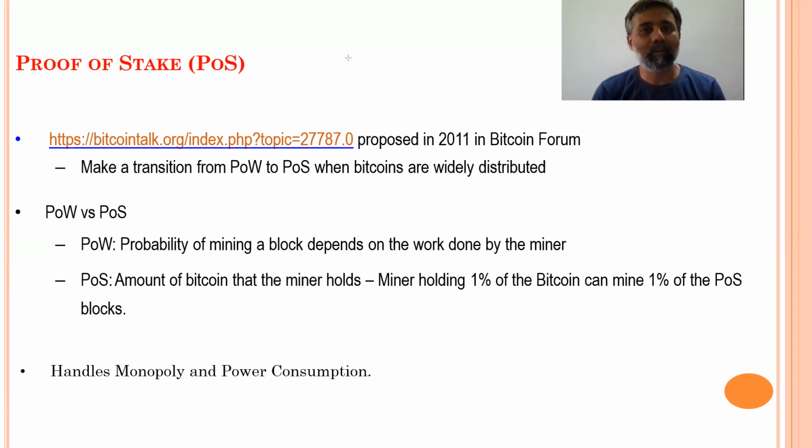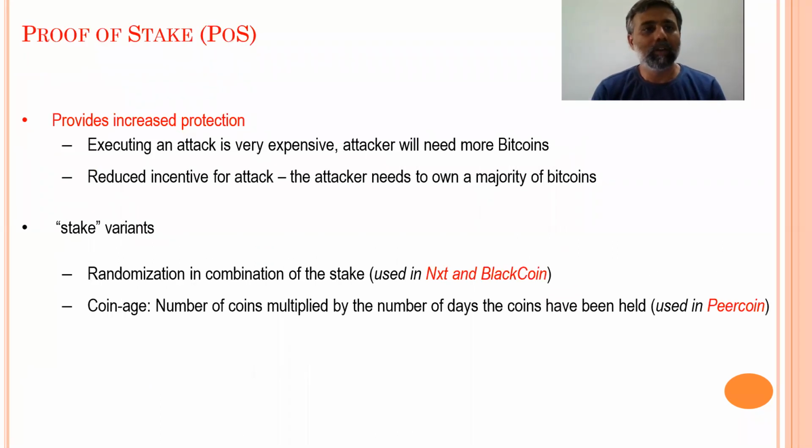Now, the proof of stake mechanism provides increased protection. Suppose any attacker attacks the PoS network, then the attacker will need some Bitcoin.